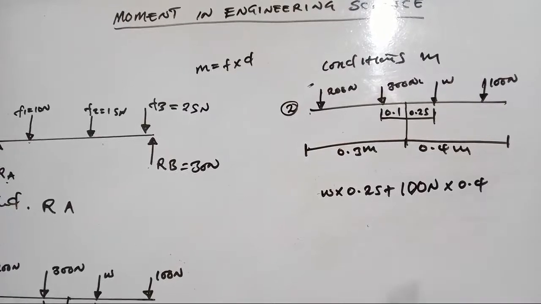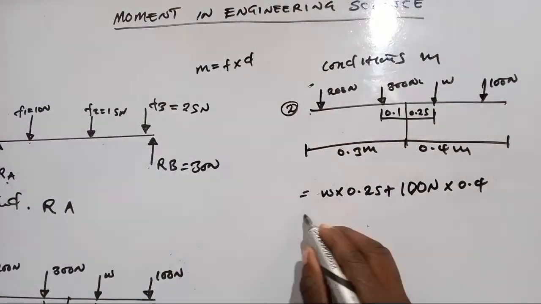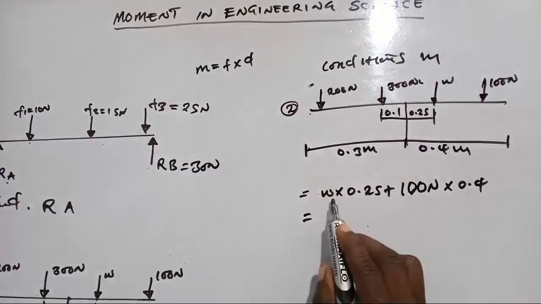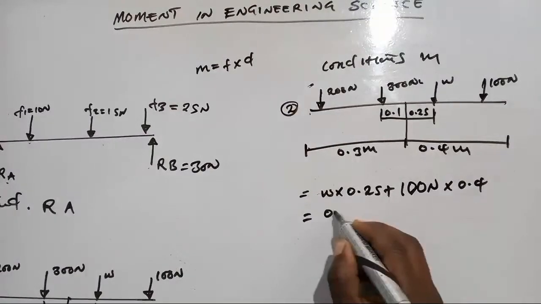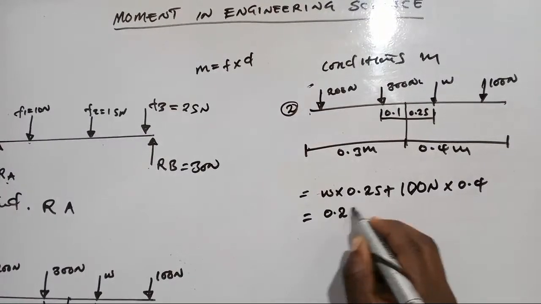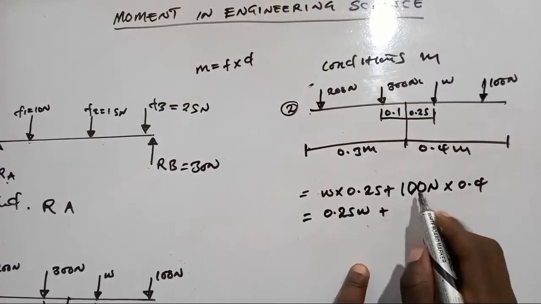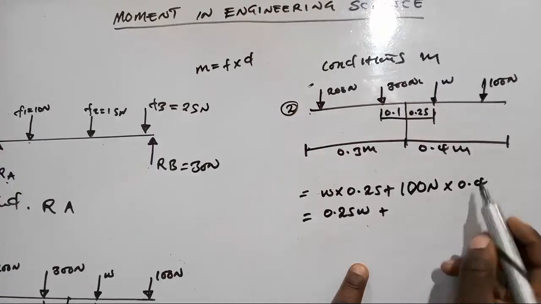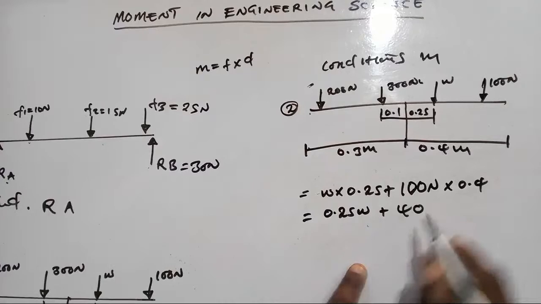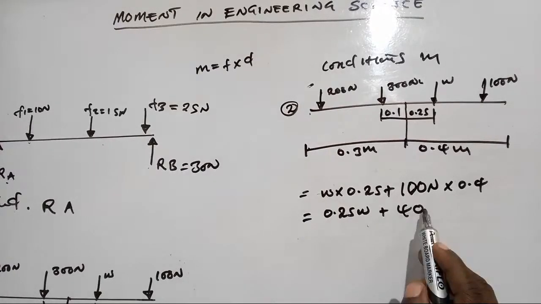So we have 0.25 W, then plus 100 times 0.4, which is 40. And this one we can't add because here we have a letter, here we don't have a letter.